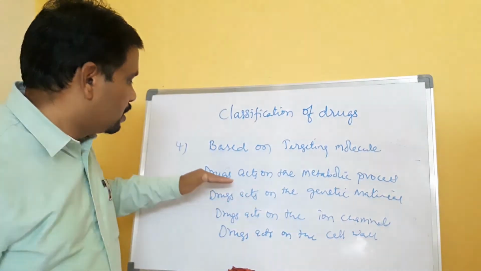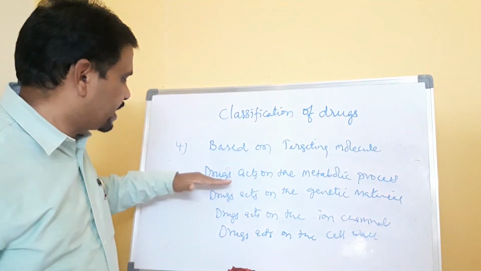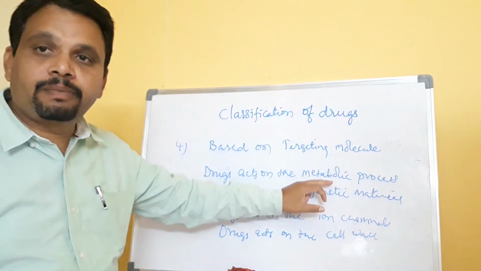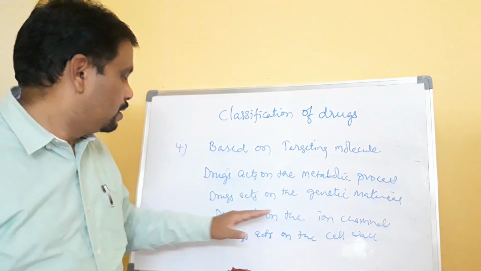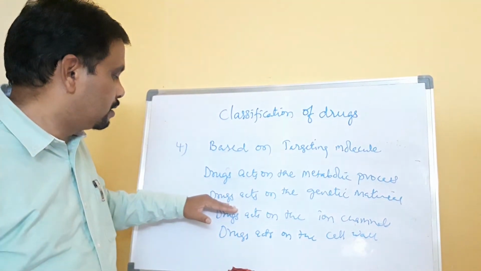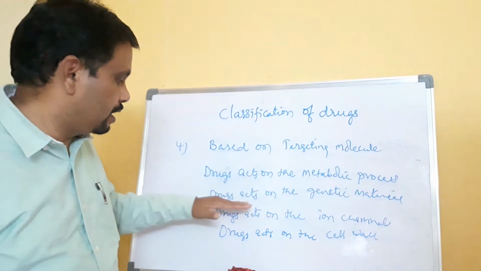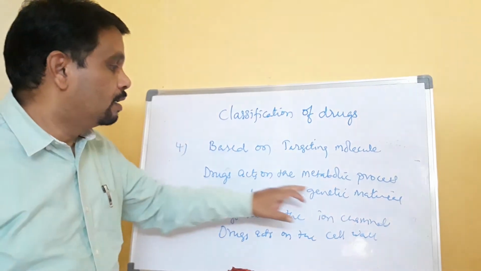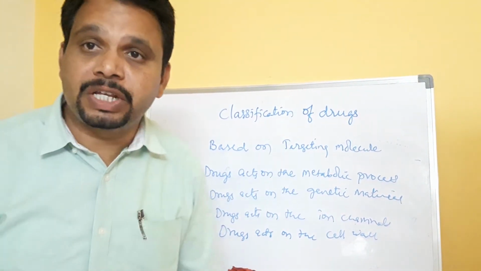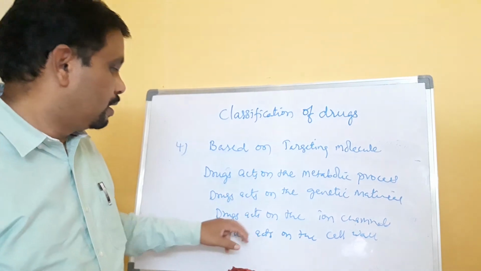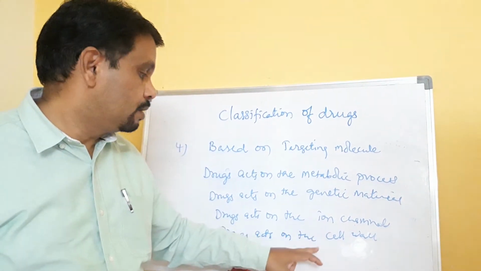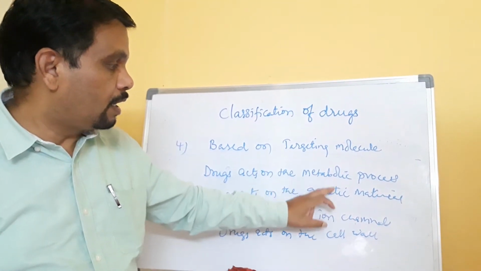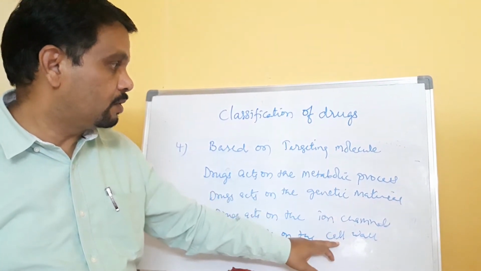All drugs that come under this category will target metabolic process. These drugs act on the genetic material. All drugs that come under this category will target genetic material. Like ion channels, like cell wall. So these are all target molecules, right?